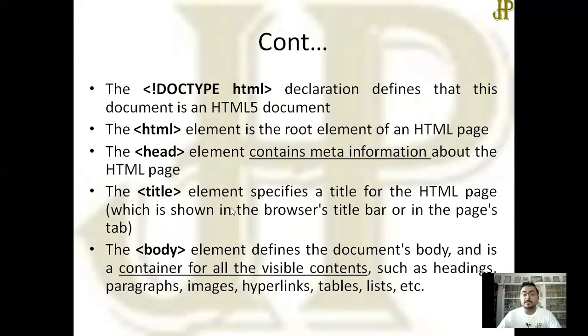The title element specifies a title for the HTML page, which is shown in the browser's title bar, and the body element defines the document body, which is the container for all the visible content that you want to display on the web page. I think now it is very clear to you what the basic structure of the web page or HTML is.